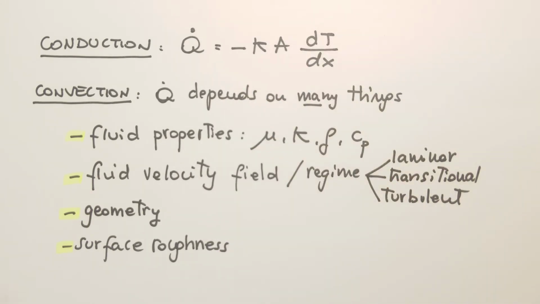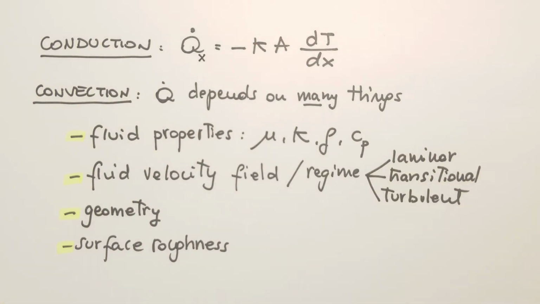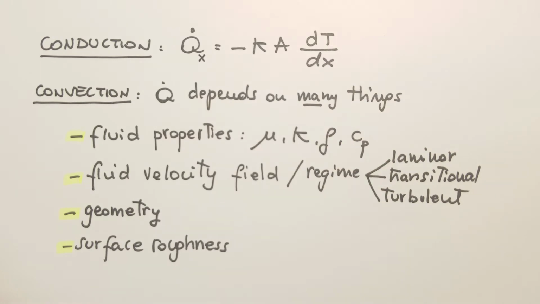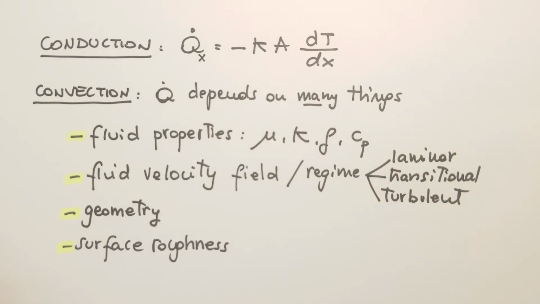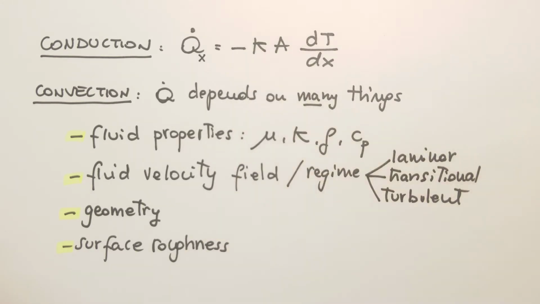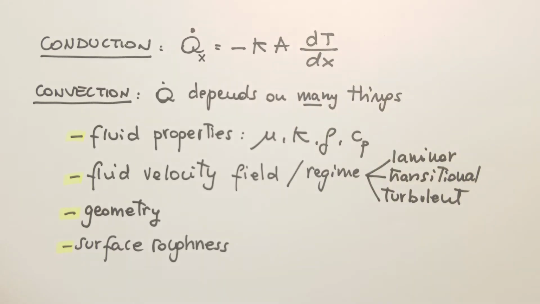Here I've written it in one dimension, but we know very well that Q is in general a vector, so this can be interpreted as the gradient in three dimensions. And this is Fourier's law of conduction. So in conduction, heat transfer depends on the property of the fluid through the thermal conductivity and on the temperature gradient. But in convection, the situation is more complicated because Q depends on many factors.